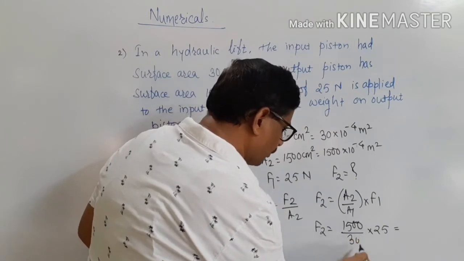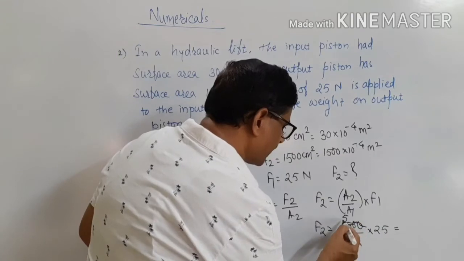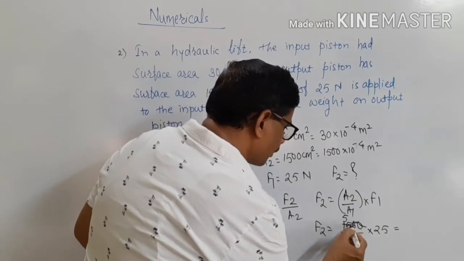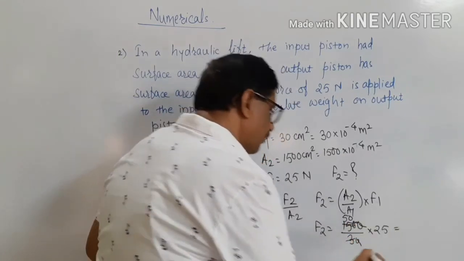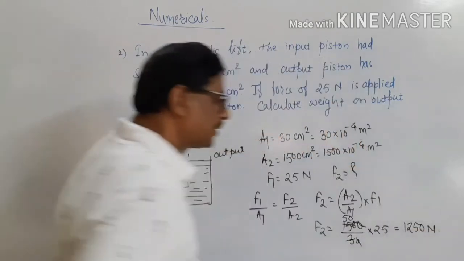The 0 gets cancelled, and 3 5s are 15, so you will get 50 into 25, and it should be equal to 1250.